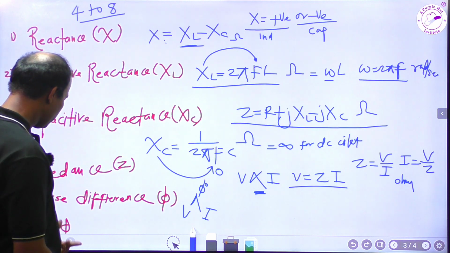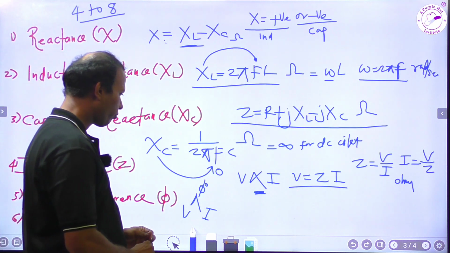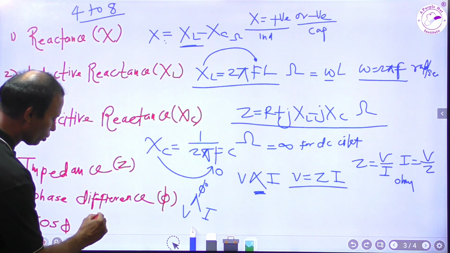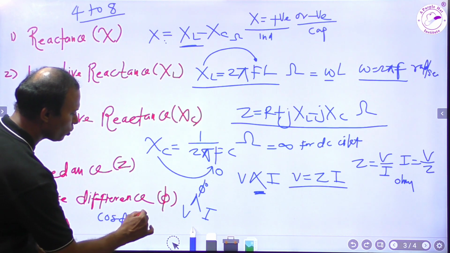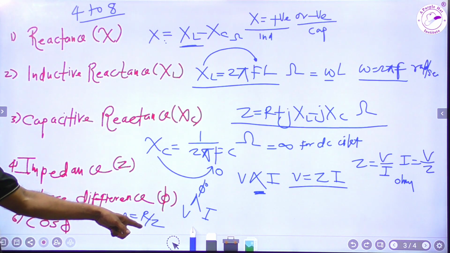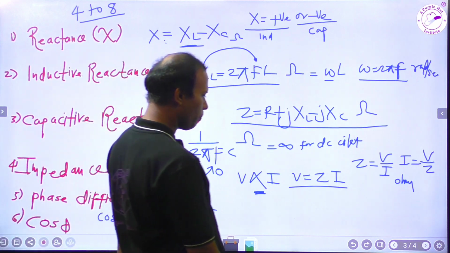So cos phi, the cosine of the angle between voltage and current, is equal to the power factor of any particular circuit. The cosine of the angle between voltage and current is the power factor in a given circuit. Sometimes we can also use cos phi is equal to R upon Z. This is also a reasonable equation. The ratio of resistance to impedance directly will give you the power factor.